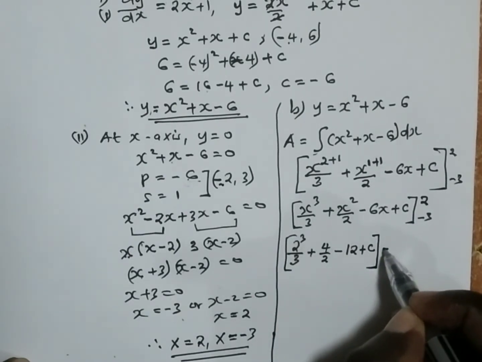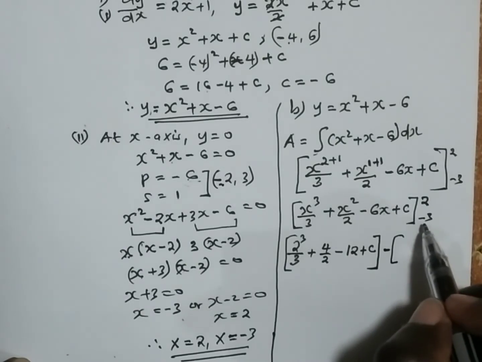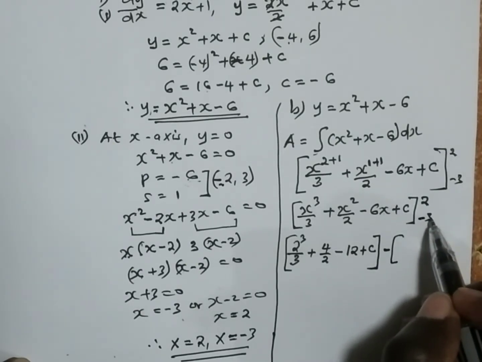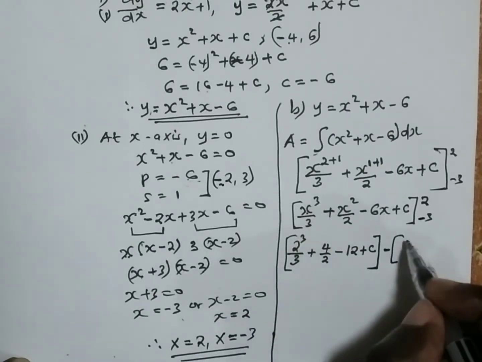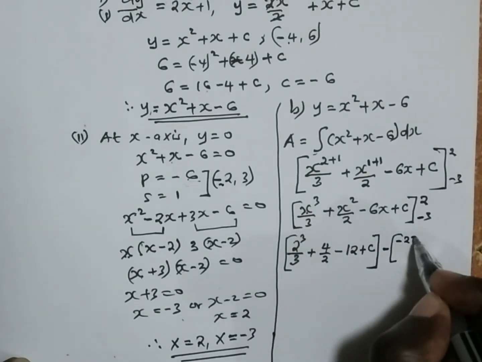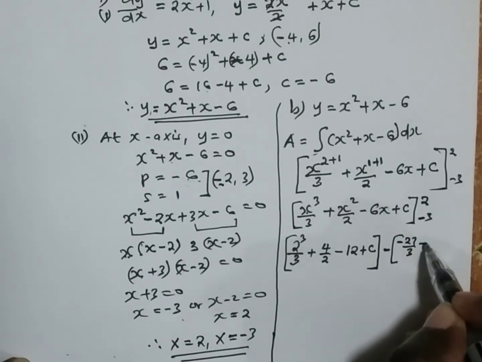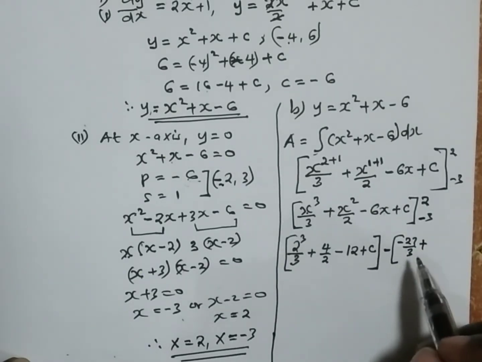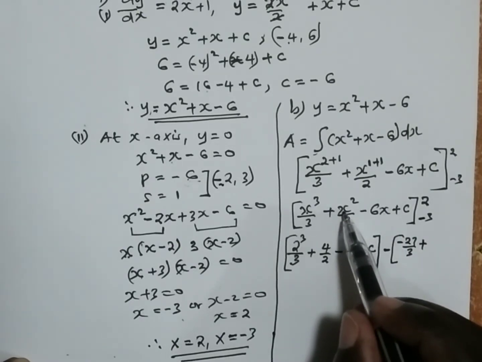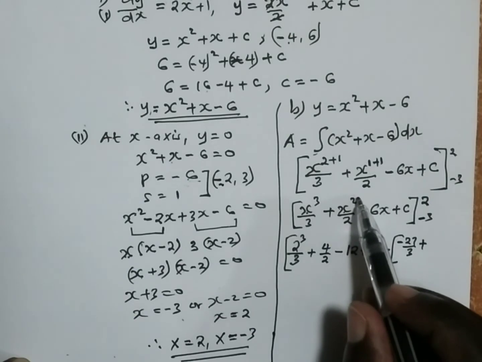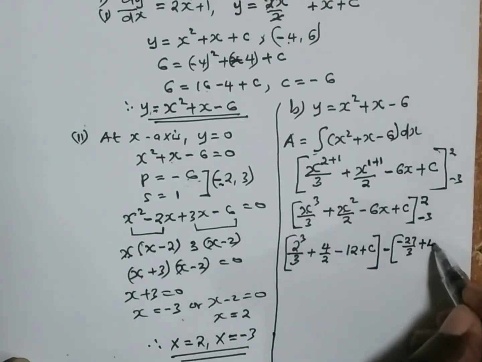Next, now we subtract the value of x, that is the minimum value, which is minus 3. So we are going to have x as minus 3 cubed, giving us minus 27, divided by 3, plus we have x as negative 3 squared, which is 9. 9 divided by 2, you get 4.5.